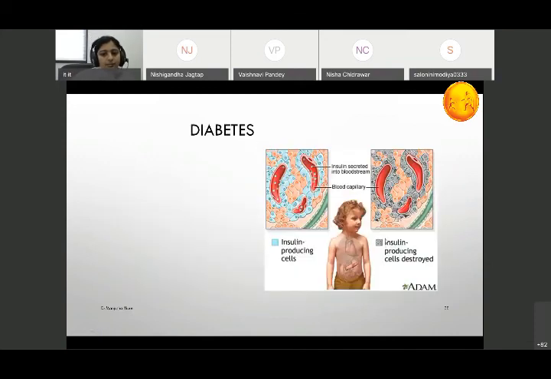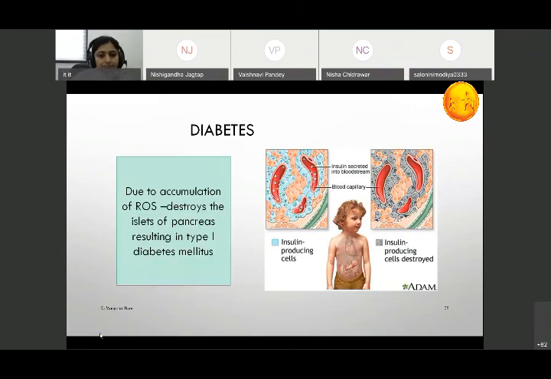Next, we have diabetes. In this, due to accumulation of reactive oxygen species in our body, there is destruction of the islets of Langerhans. Here you can see in a normal pancreas, there are insulin producing cells.